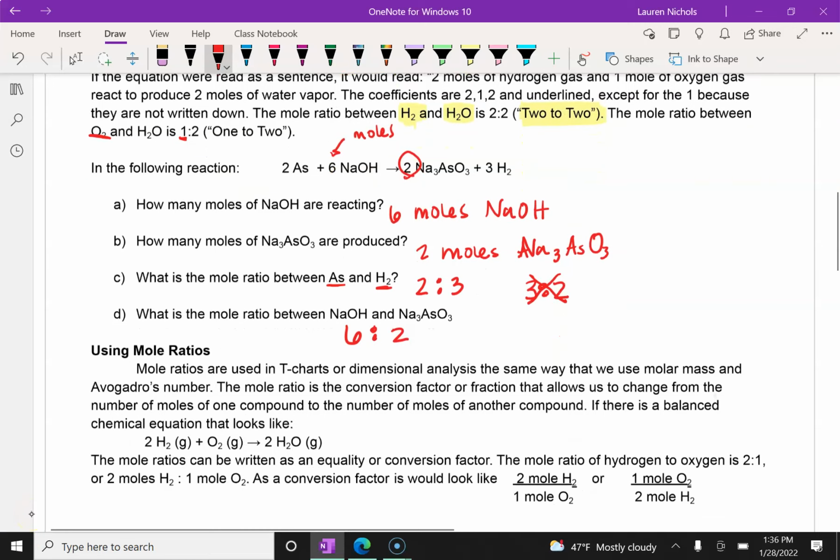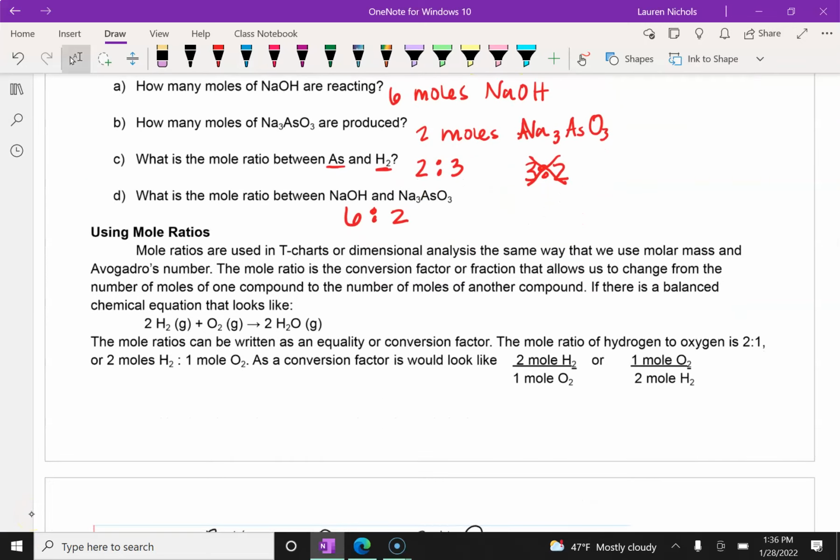Okay, so let's look at how we can use mole ratios in a T-chart. So in Unit 1, we were learning how to use T-charts or dimensional analysis, okay? And we can use mole ratios the same way that we use molar mass and Avogadro's number. So remember before how we had these 2 equalities.